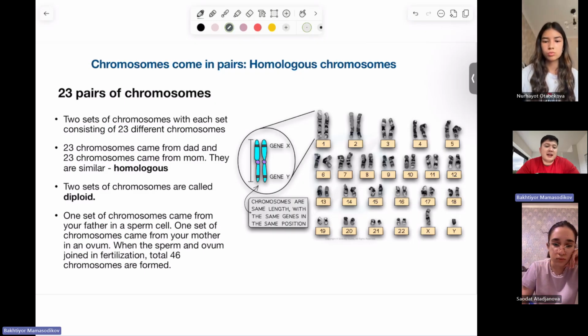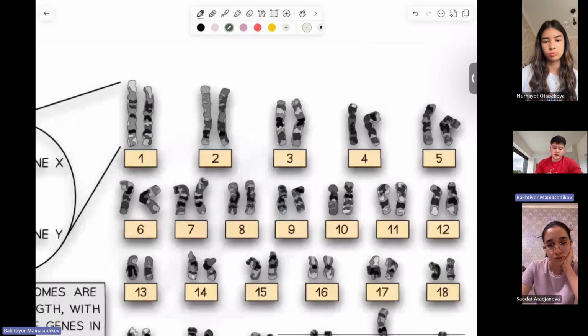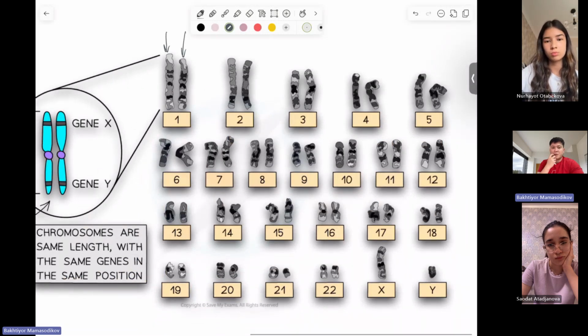They are the same in length and have the same genes in the same location of the chromosome, but might have different versions of the gene. They are called alleles. So here, this is one chromosome, this is another chromosome, this is a pair of chromosomes. How many chromosomes in total do we have here?